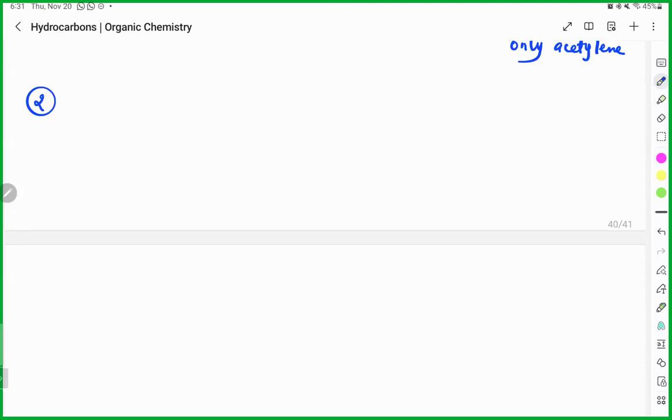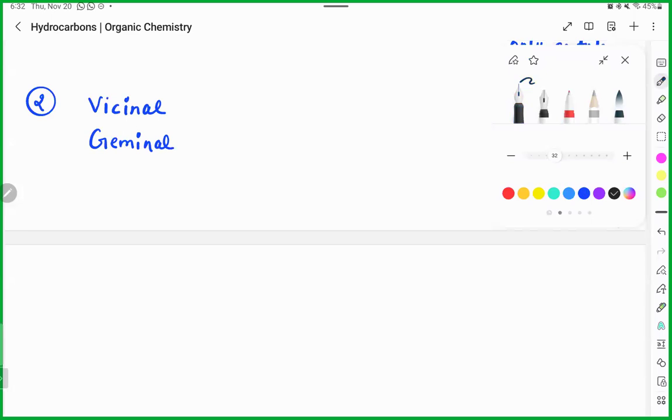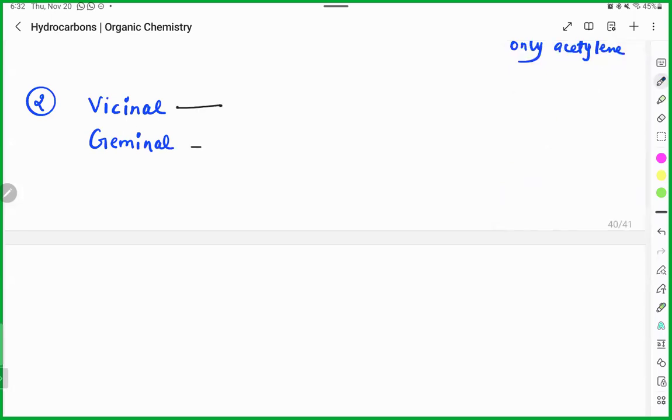Second, from the vicinal dihalide. Chandana, what is the difference between vicinal and geminal? The functional groups attach adjacently. And in geminal, it will attach on the same carbon.